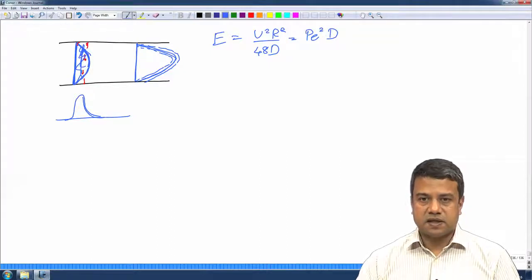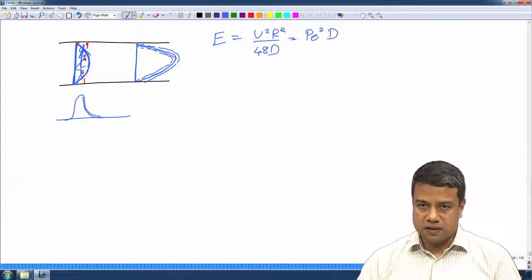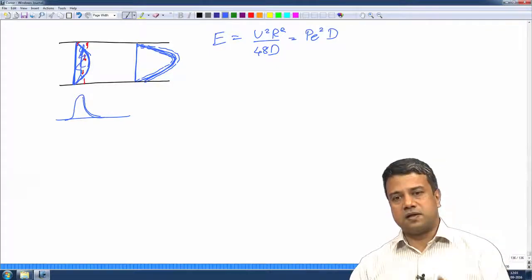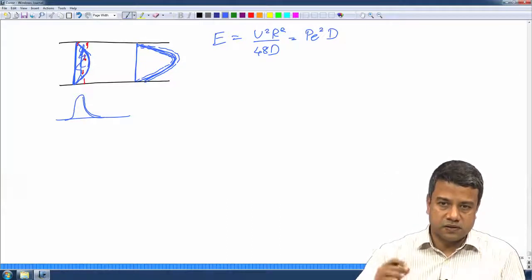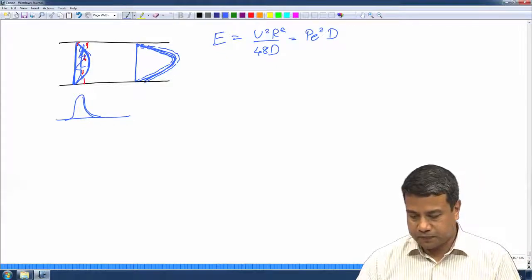So, convection can have a significant effect on the mass transfer rates in the limit where convection is dominant compared to diffusion, because the concentration variations are limited to thin regions. In this case, that thin region is about the distorted initial plug. In the case of boundary layers, the thin region is close to solid or liquid gas interfaces.